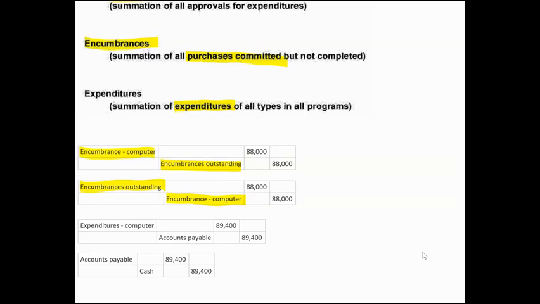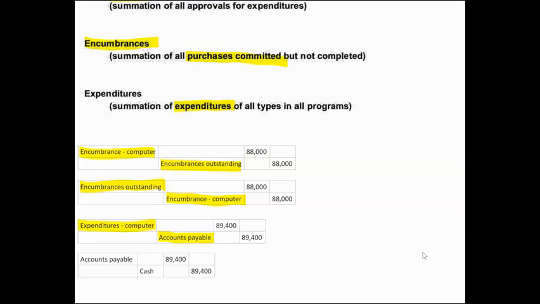Next is to recognize the receiving of the computer. For the fund statement, they do not maintain any capital asset or long-term asset. So for the computer, we debit expenditures, computer. That's actually an expenditure, not an asset. On the credit side, accounts payable, which is the short-term liability, which is going to show up on the fund statement.